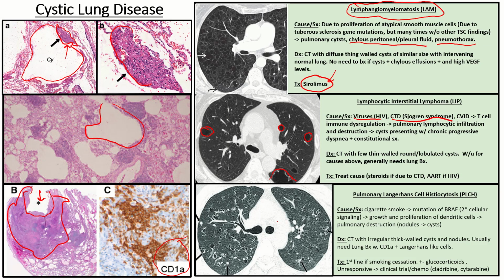Just like all of them, anything with an association with smoking, you really got to stop smoking. So for these patients, first line is stop smoking. You may end up giving glucocorticoids, and because this is a proliferation of abnormal cells and almost neoplastic in a way, it's really refractory. You might actually even need to treat it with chemotherapy, things like cladribine or cytarabine.